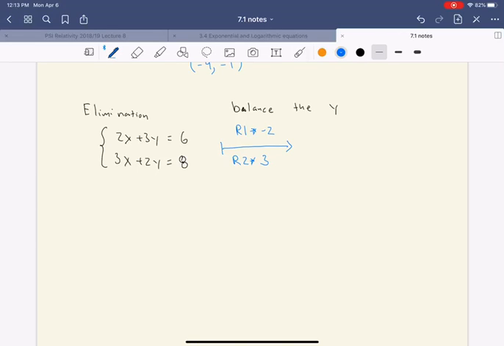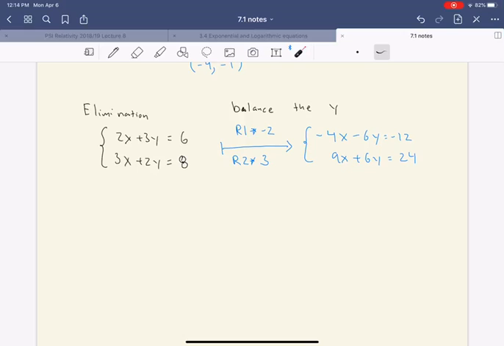And when I do that, what's going to happen, and I do write it out, is I'm going to have negative 4x minus 6y equals negative 12. Row 2 is going to become 9x plus 6y equals 24.